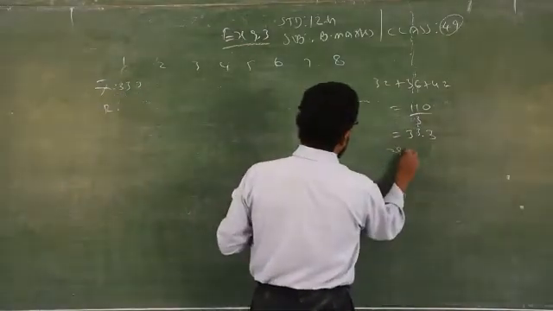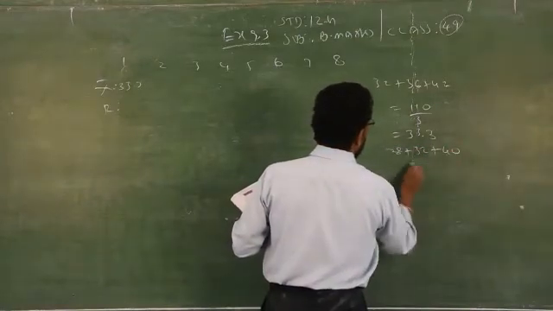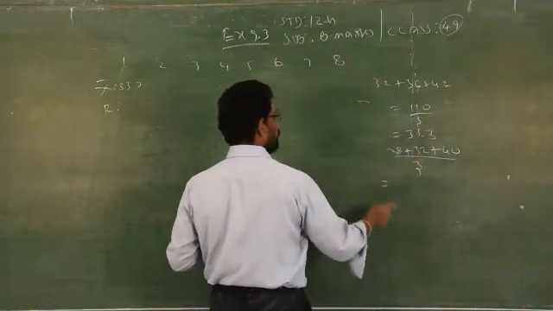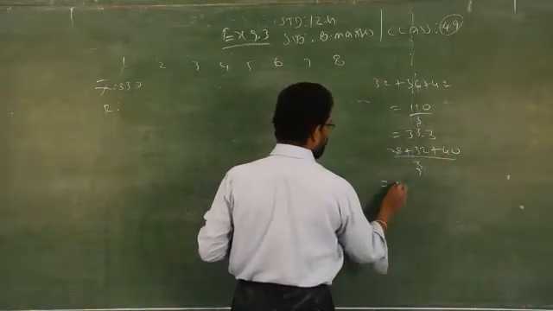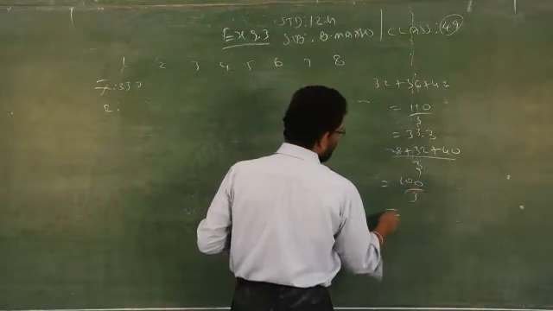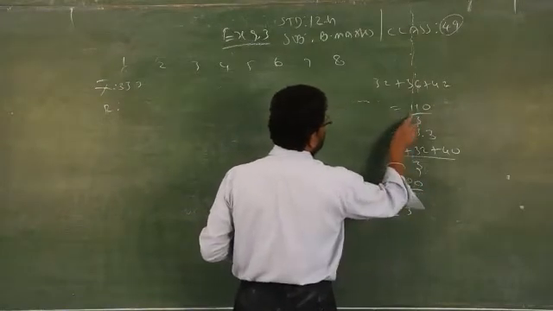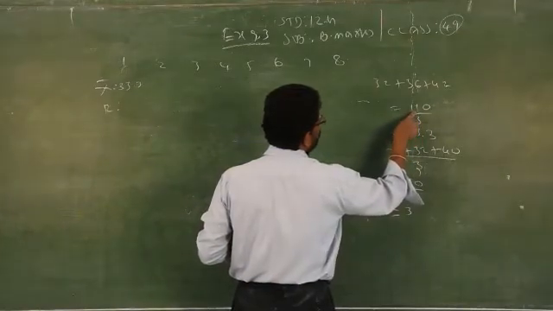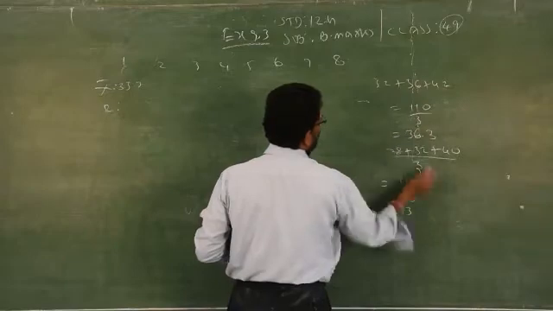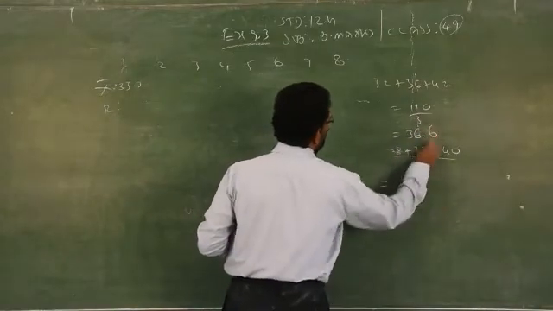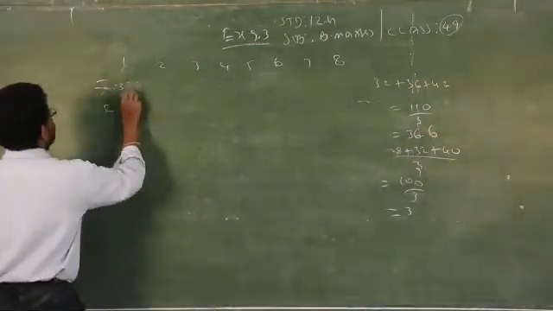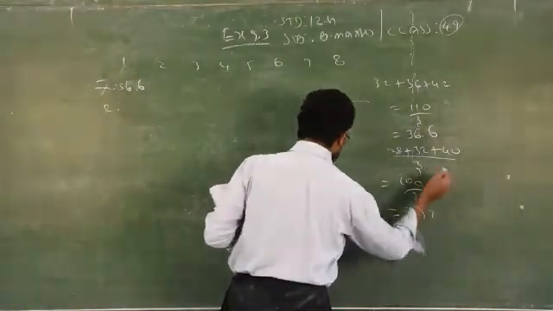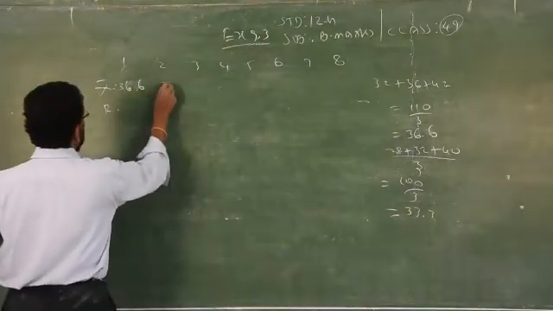That is 28 plus 32 plus 40, use a calculator. 28 plus 32 is 60, 60 plus 40 is 100. 100 by 3 is 33.33. This is an example.